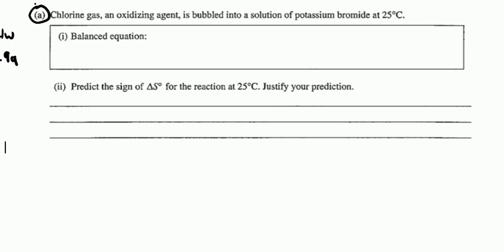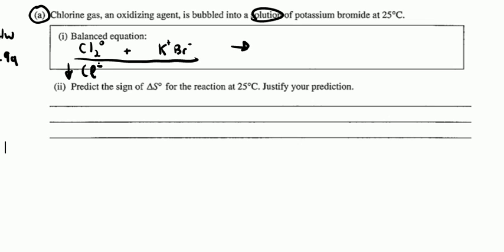1.9a. Here we go. Chlorine gas is bubbled into a solution of potassium bromide. There's my water word. I do see a neutral atom, so I'm going to do my redox. In this case, chlorine is going to go down, and someone's got to go up.